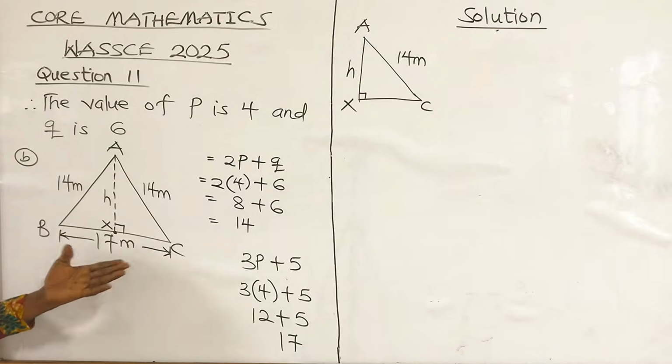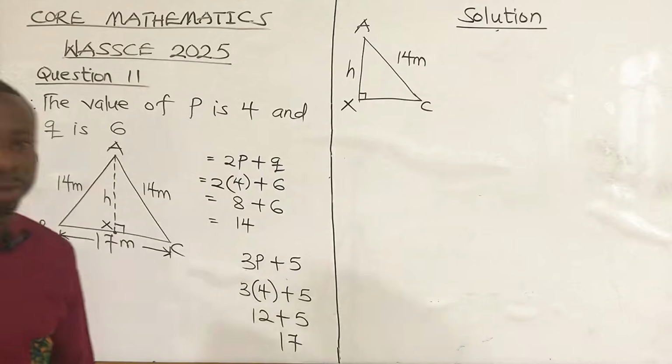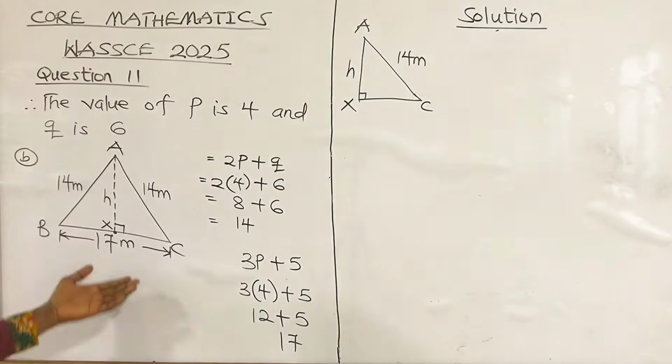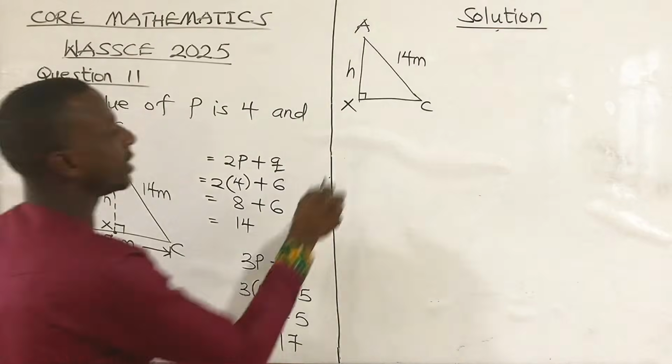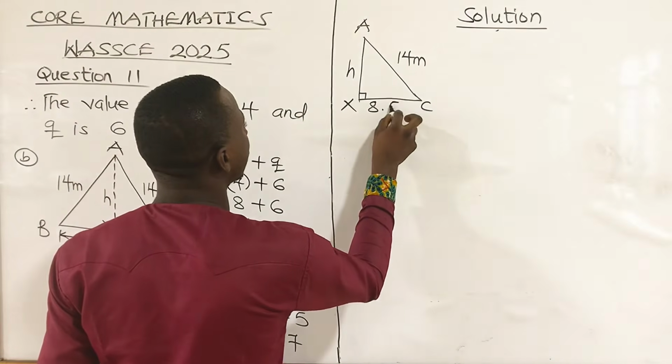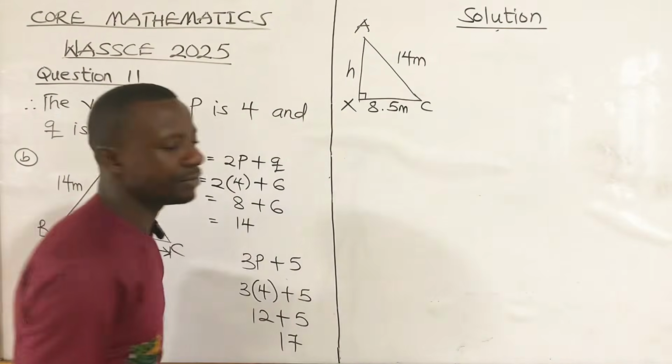So from here, I'm going to divide the 17 into two equal parts. And 17 divided by 2, we are getting 8.5 meters.